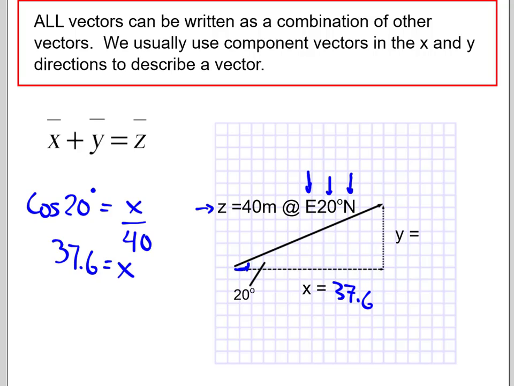If I solve for the y component, I could use sine of 20 equals y over 40. And sine of 20 times 40 is 13.7.